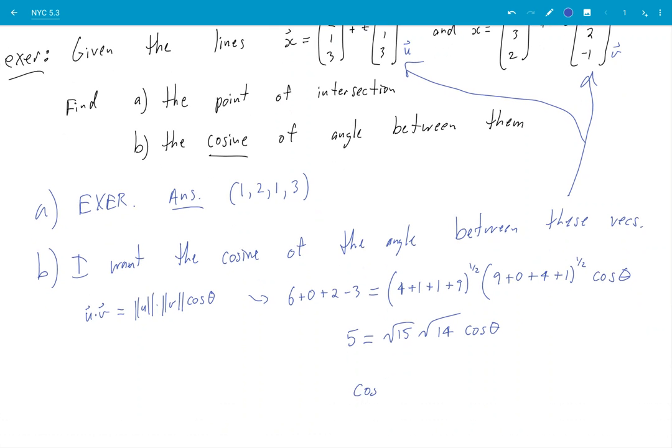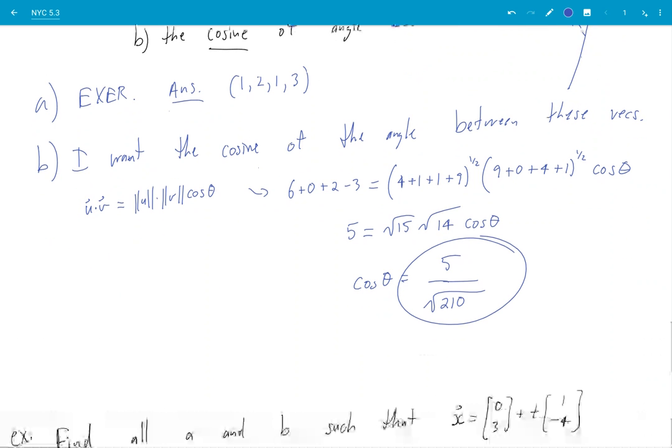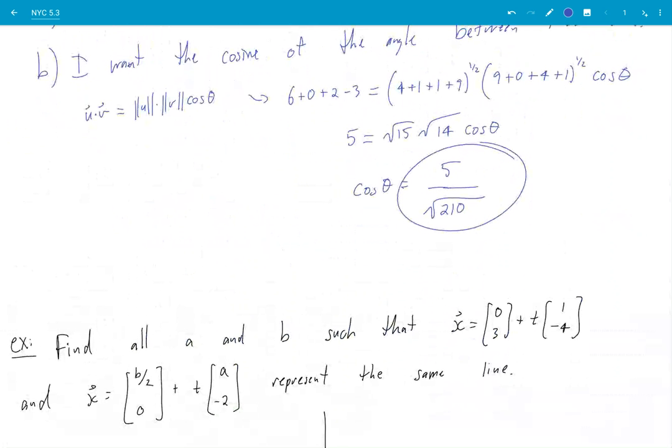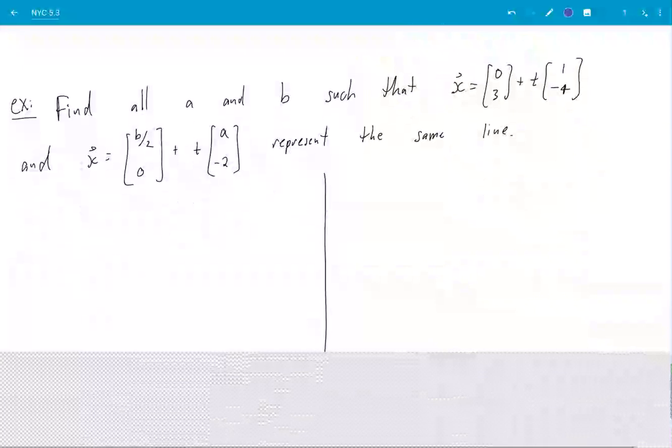So we get cosine of theta. It's 5 over the square root of 15 times 14. There's my answer. Sorry, pause and copy that part B if you haven't done so already. And we'll move on to the next example.